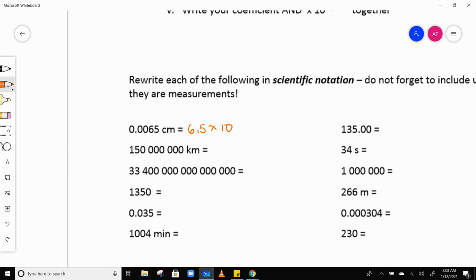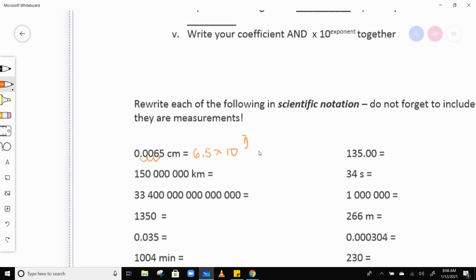And in order to figure out what power this is, we move the decimal here between the 6 and the 5, right? We just count how many spaces we need to move that decimal. So we need to move it 1, 2, 3. We need to move it 3 spaces. Sorry, my computer's kind of messed up at this one section here.